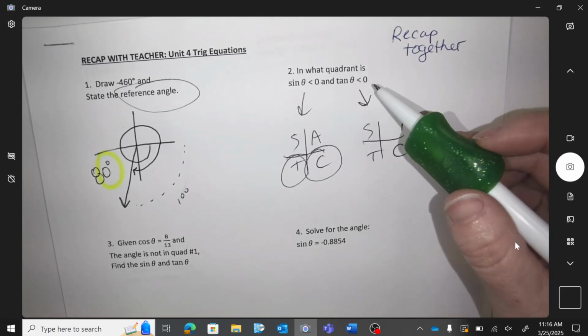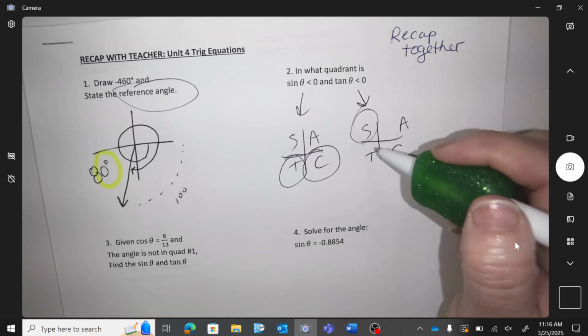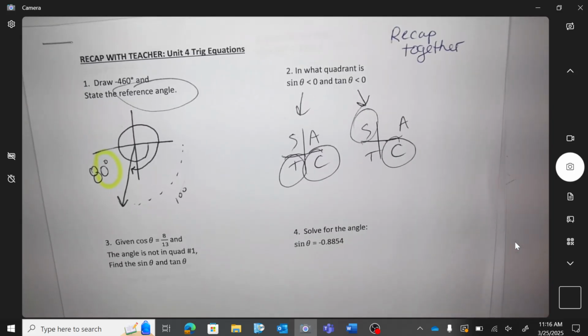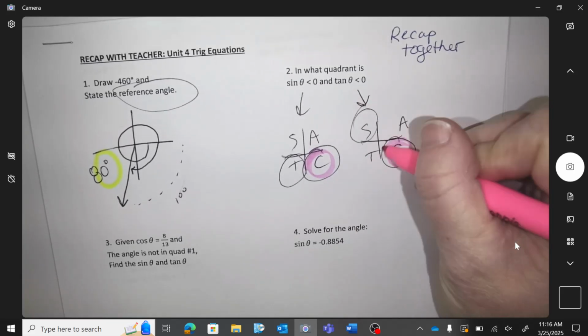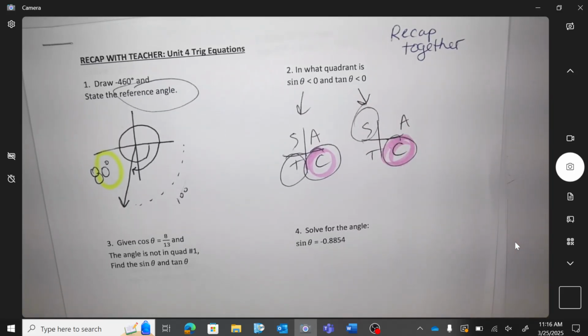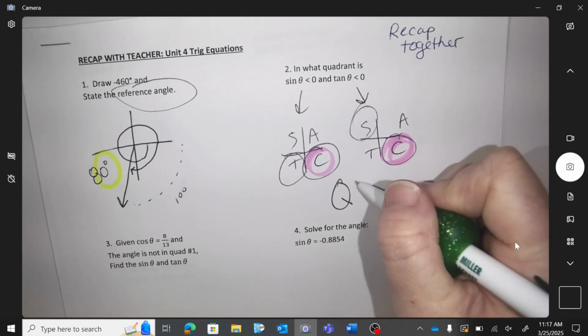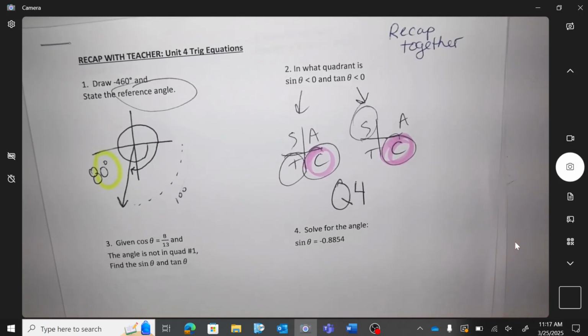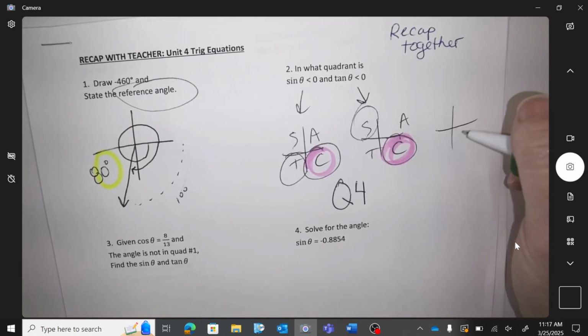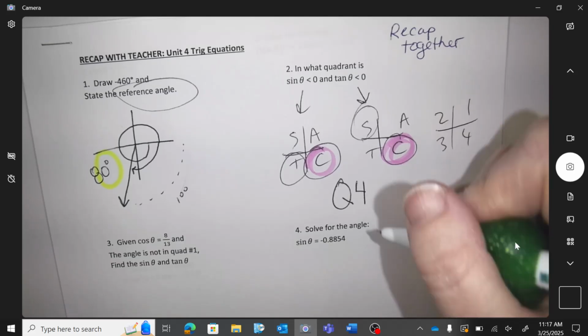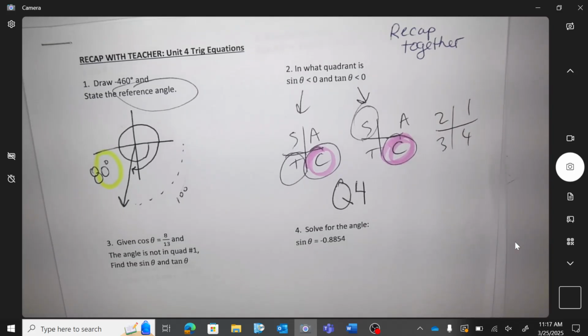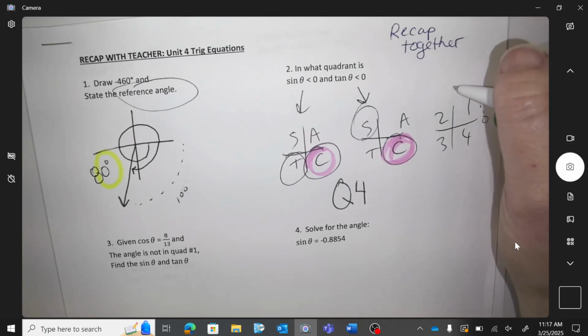Where is tangent negative? In the diagonals. So my final answer would be, where do they both work? Which is quadrant number 4. So you have to know it's 1, 2, 3, 4, like that. It goes around. Astica goes around like that too. Drawing circles goes around like that too. 0, 90.